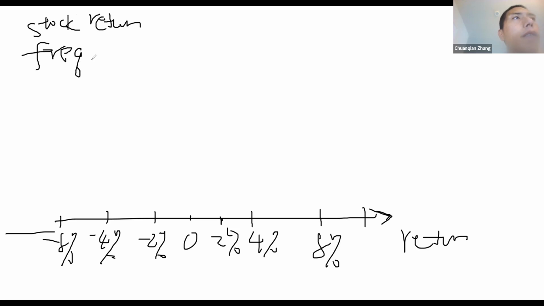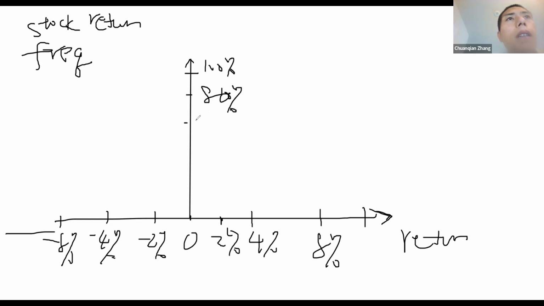Frequency. Let's say this is 100%, 80%, 70%. This is a frequency.